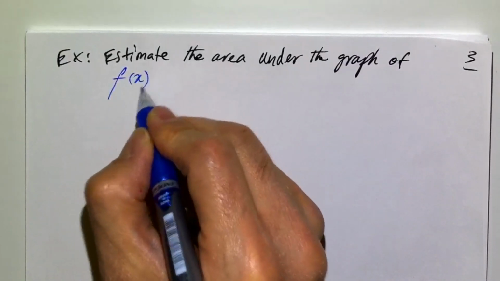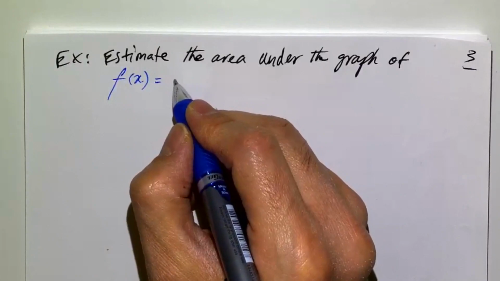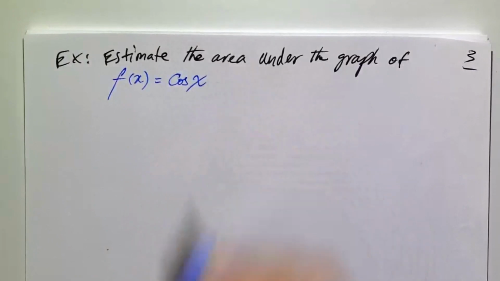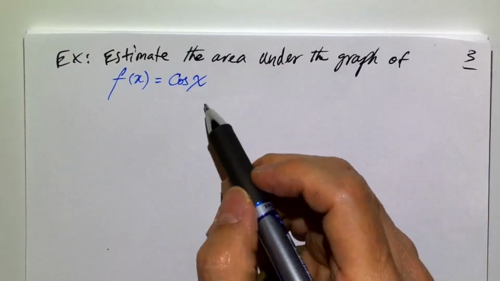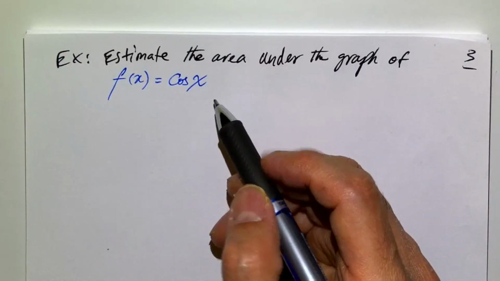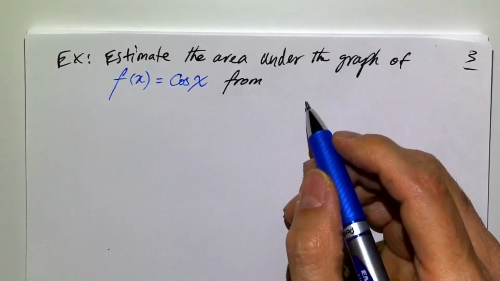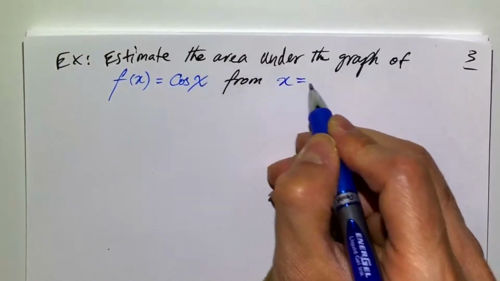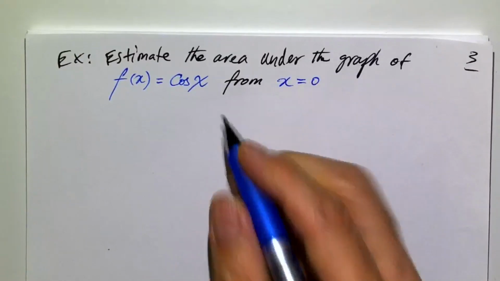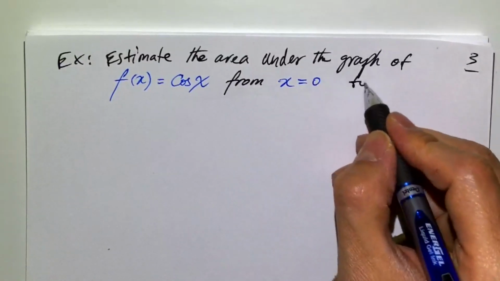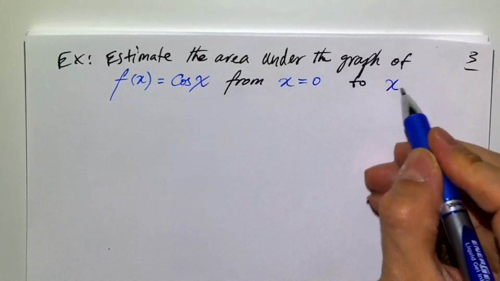Let's say this is the function for which we want to calculate the area under the curve. Right? You're familiar with this function. And these are the limits over which we want to calculate the area, from x equals 0 to x equals pi over 2.